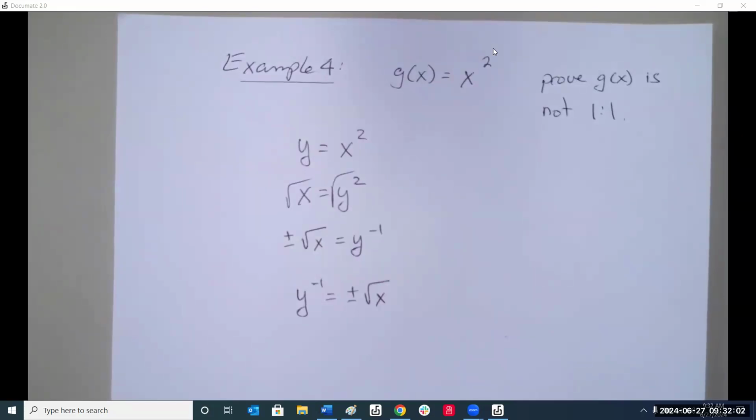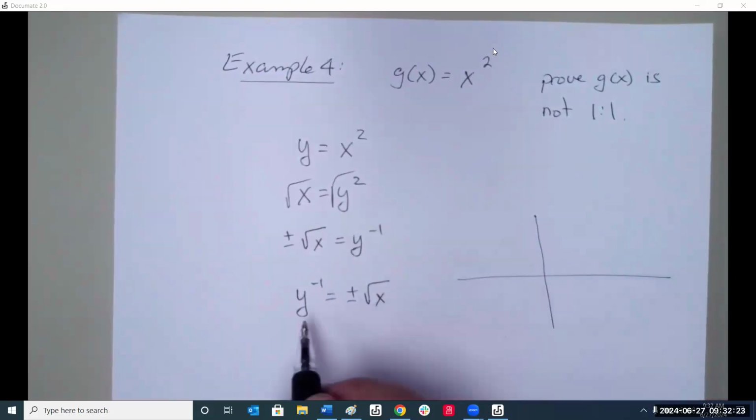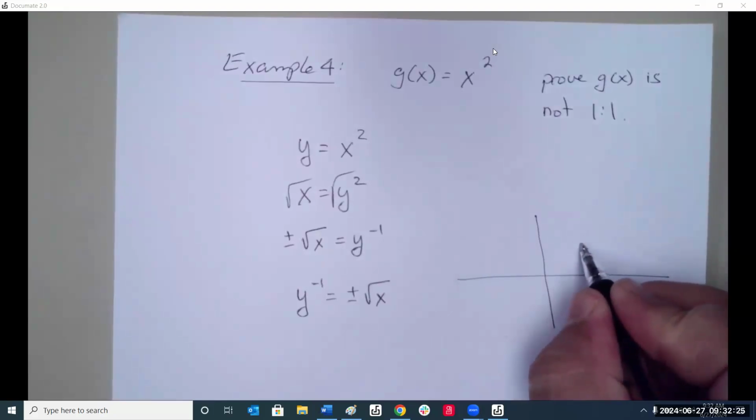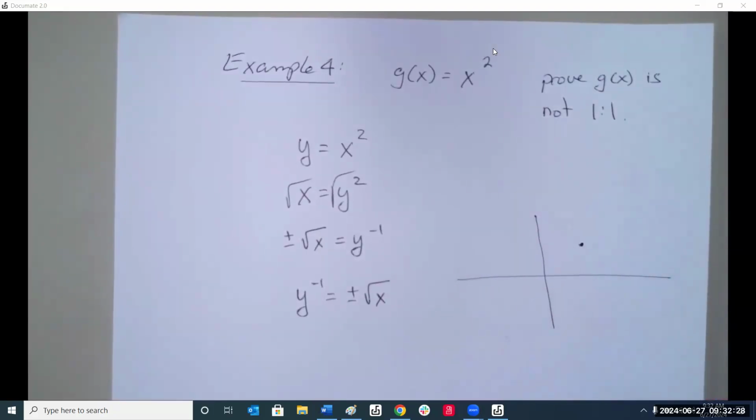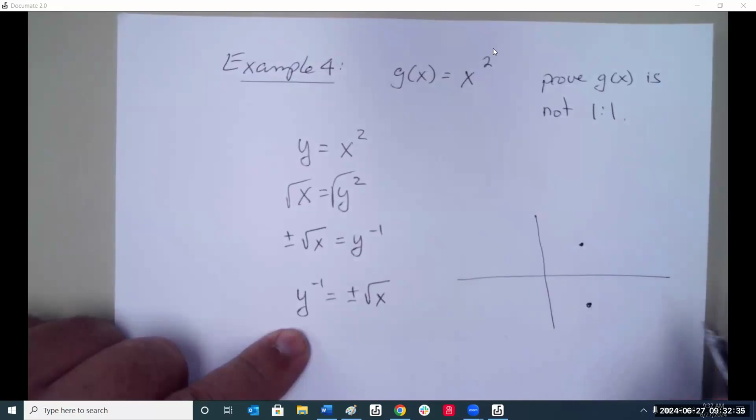But is it a function? How do we define a function? It has to pass the vertical line test. Well, this one, for any X value, there are two Y values.